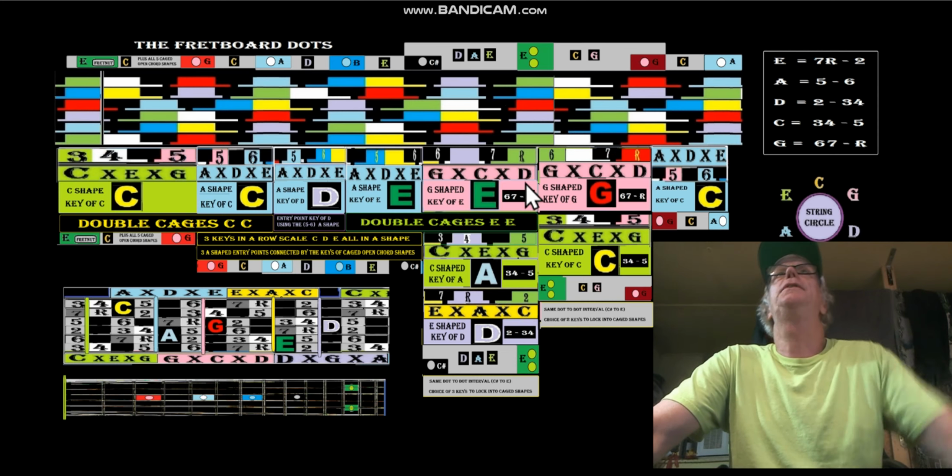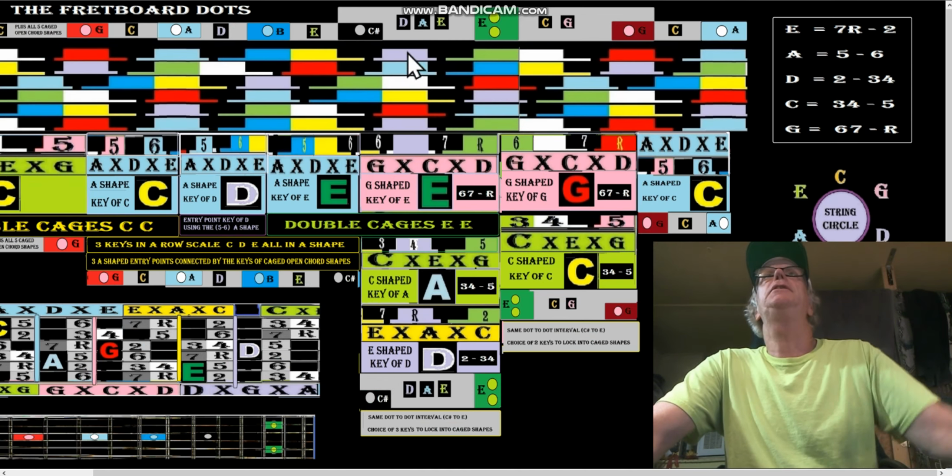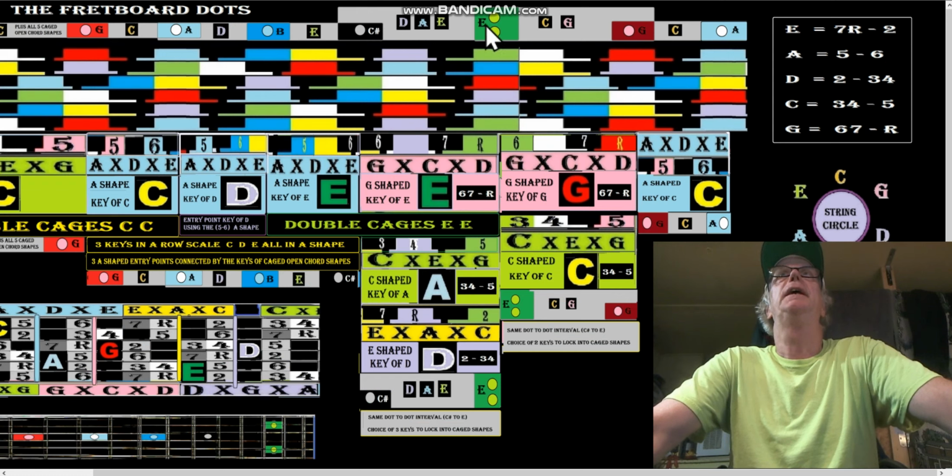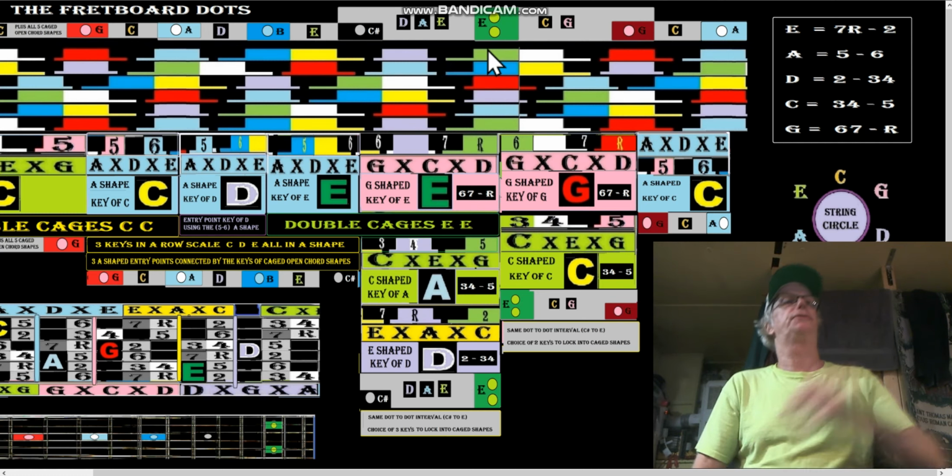Well, I noticed one thing about in between the C-sharp dot and the double dot, the octave dot. We have an entry point for three keys: the key of E, the key of A, and the key of D. And each one of these would be involved with the same notes, C sharp, D, D sharp or E flat, and E. The same four notes.